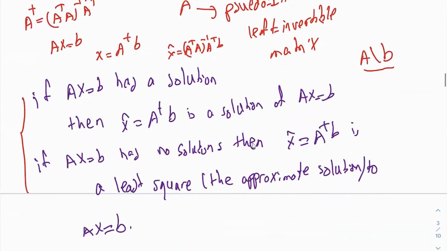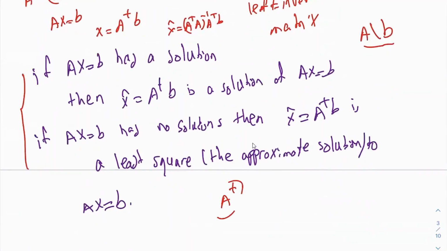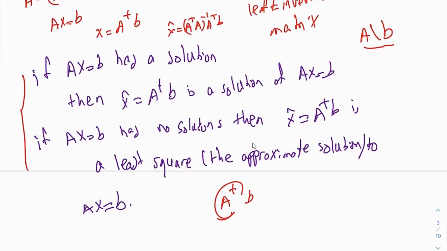So this pseudo inverse B is going to be a solution to the least square problem. Anytime you give MATLAB, or Python, or any programming language of your choice, a matrix equation AX equal to B, it will implement the least square problem. And this is why least square is actually very common.